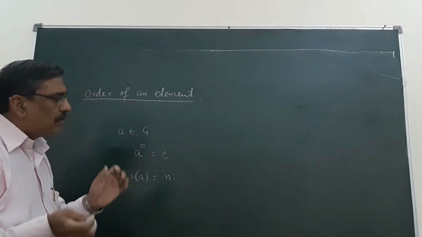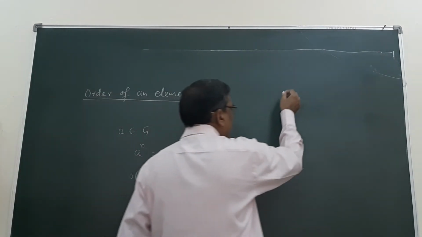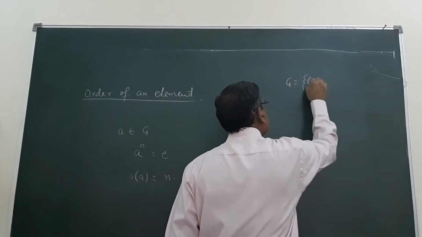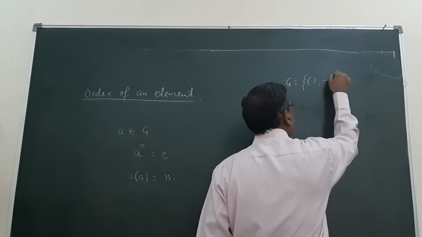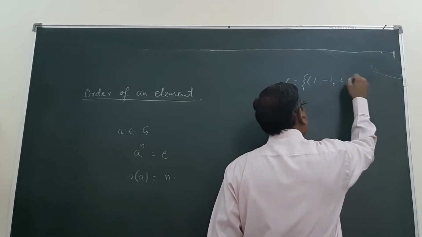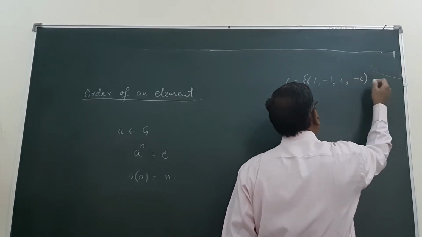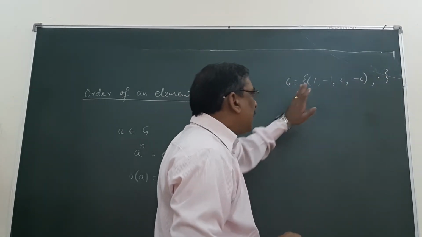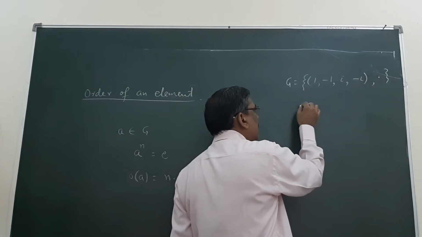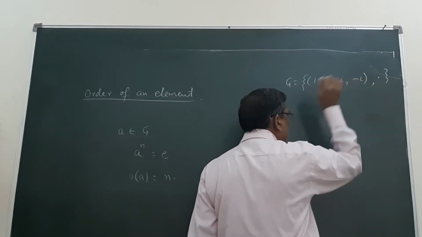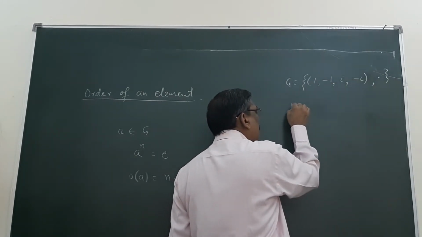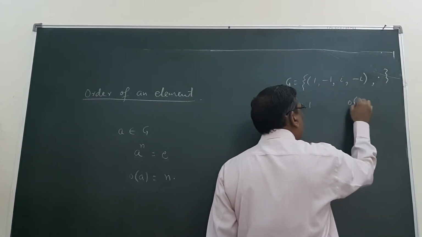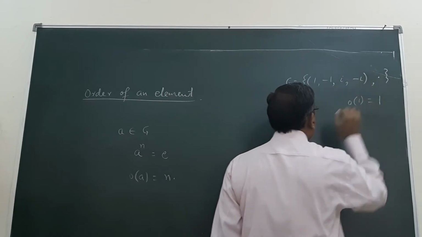Let us try to understand this with an example. We already defined a group in this way: the 4th roots of unity, 1, -1, iota, -iota, under multiplication. Let us try to find the order of these elements. 1 raised to the power 1 is equal to 1, which is the identity, so the order of 1 is 1.